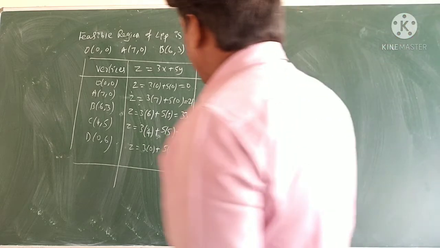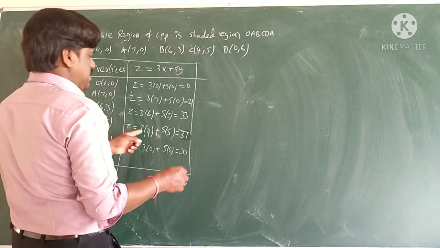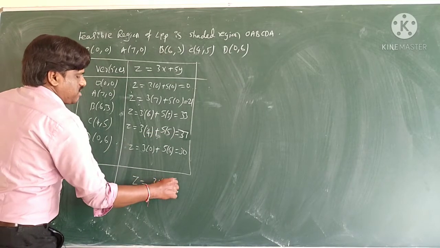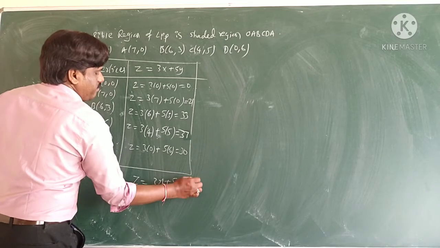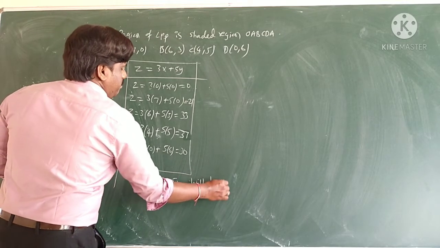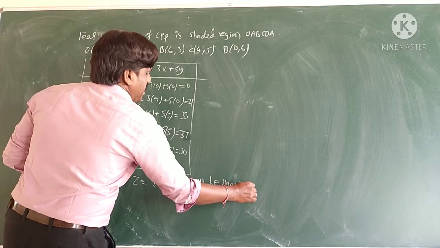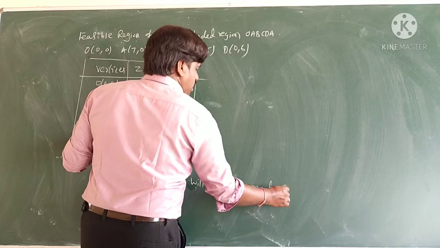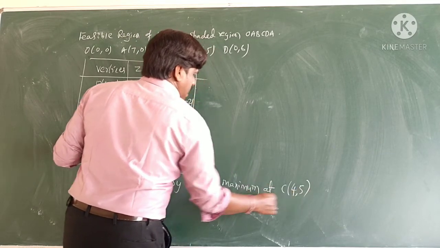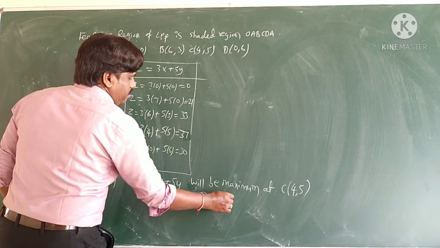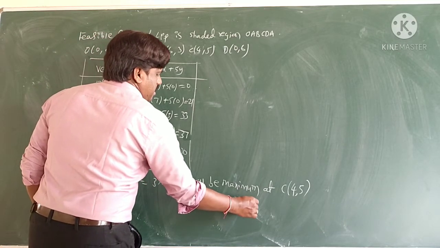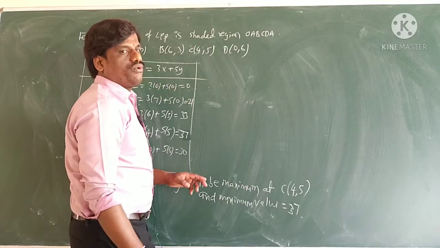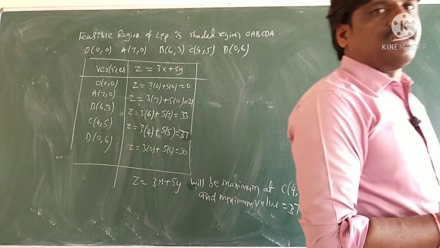We write like this: the objective function Z is equal to 3x plus 5y becomes maximum at C(4, 5), and the maximum value is equal to 37. You should write like this, then you will get 4 marks. So these are the ways to write.